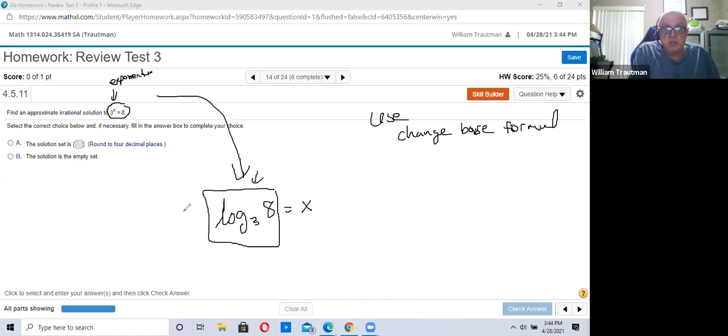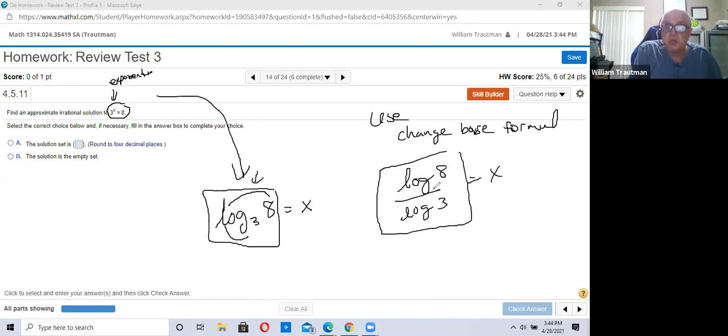If you remember the change of base formula, it's log of the number divided by log of the base. Now we put this in our calculator because these are base 10s. It was base 3, we can't put it in our calculator. But now it's base 10, we can put it in our calculator.